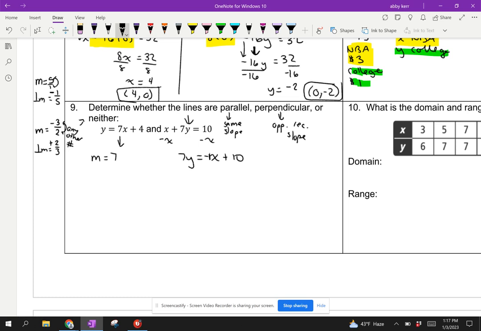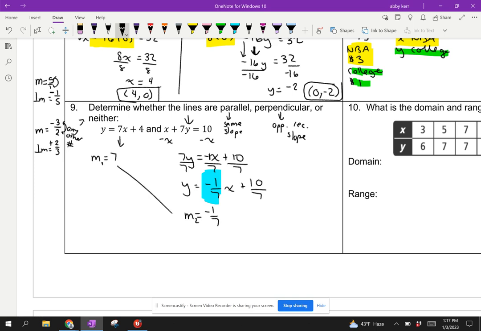And then we're going to divide by 7. Now, since we have our slope, let me put an m1 for the first line, and my second slope is negative 1/7.